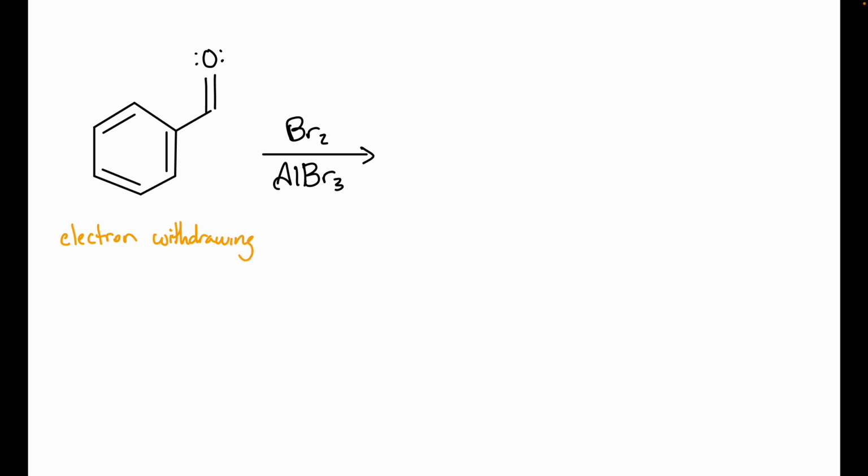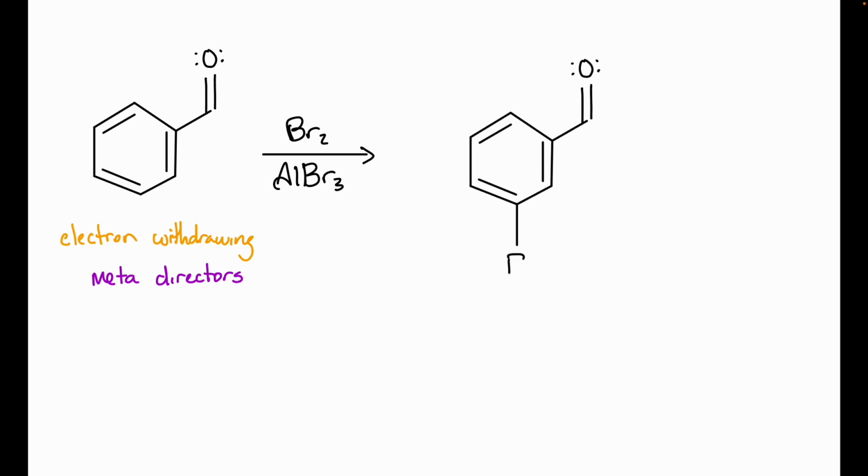These destabilize the ortho and para positions, making these meta-directors. So in the case of benzaldehyde here, when I do my subsequent electrophilic aromatic substitution reaction, it's going to direct that bromine to the meta position.